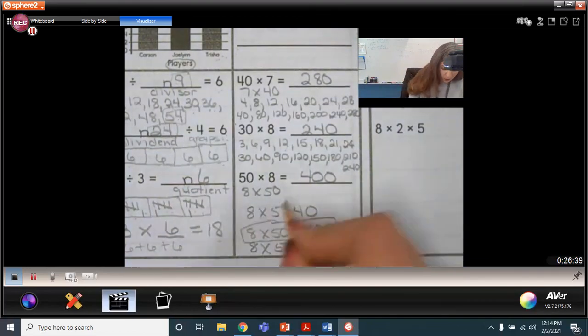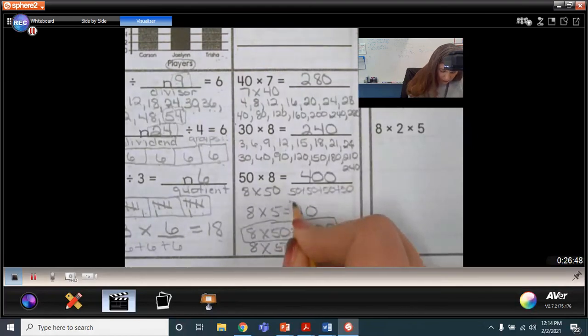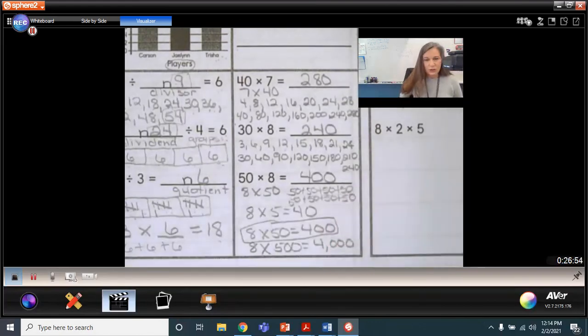We could also do 50 plus 50 plus 50 plus 50. That's 4 groups of 50, right? Plus 50 plus 50 plus 50 plus 50. So just like multiplication with the single digits, we could do repeated addition with our double digits too.